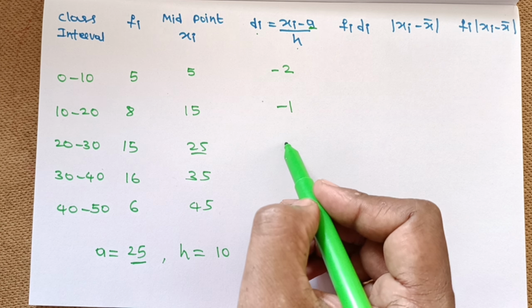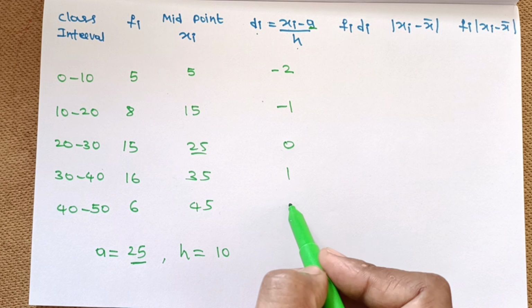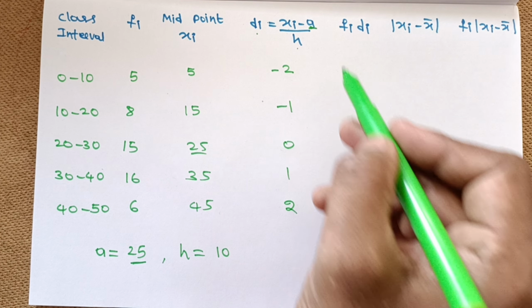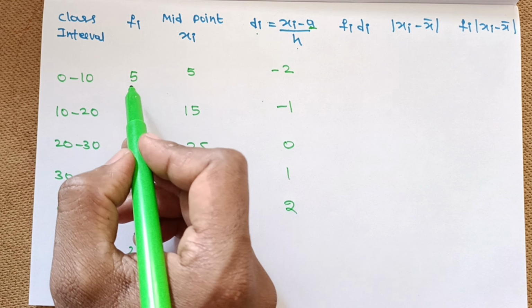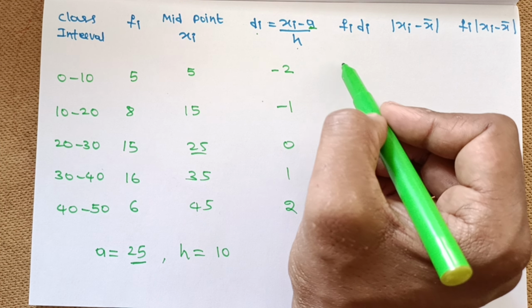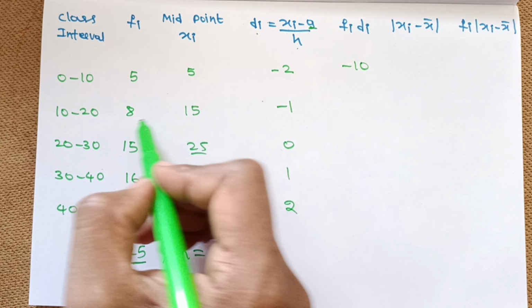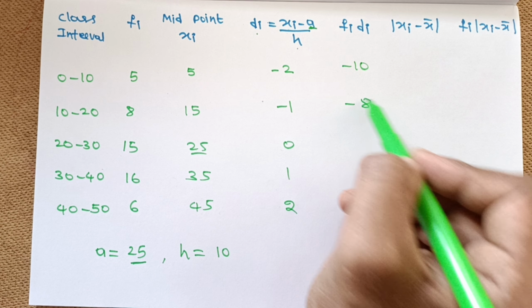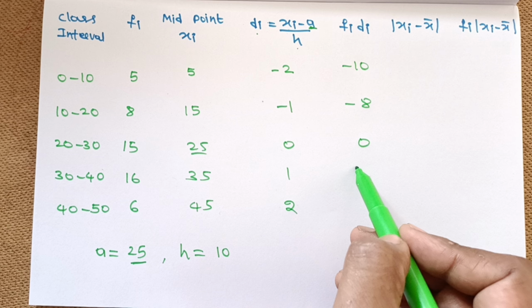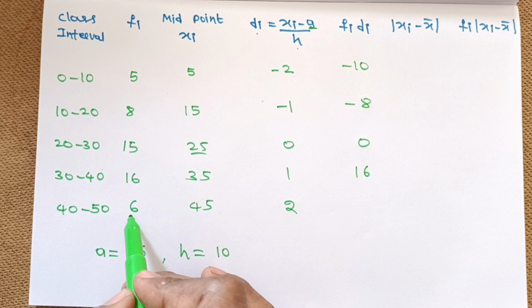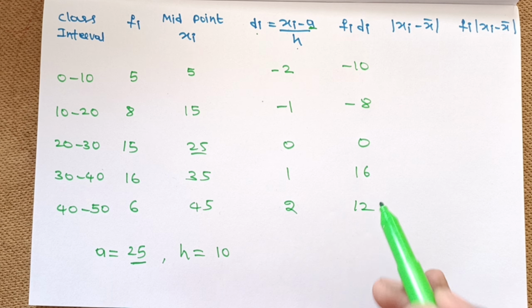So clearly next we will get 0, 1, 2. Next we can find fi di, multiplying di values with frequency. 5 into minus 2, minus 10. 8 into minus 1, minus 8. 15 into 0, 0. 16 into 1, 16. 6 into 2, 12.